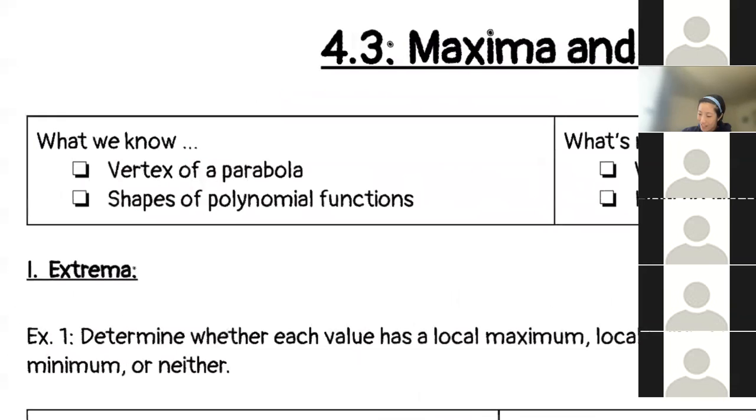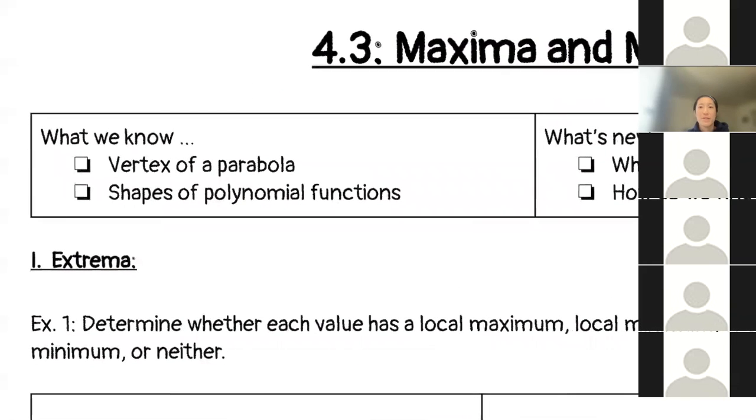So let's get started. What do we know so far going into section 4.3? Well, we know that a parabola has something called a vertex. And I'm wondering if someone can either in the chat maybe describe what a vertex of a parabola is before we move on, just to make sure we're all sort of on the same page about that.